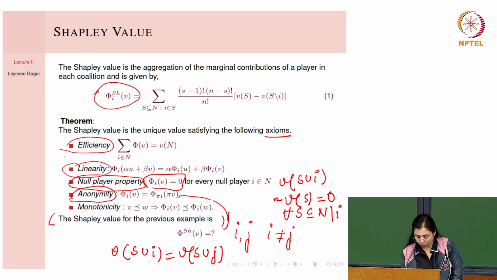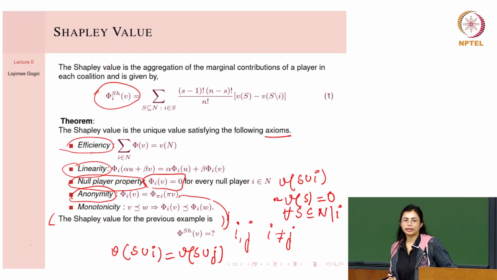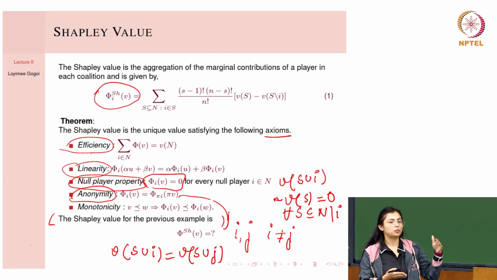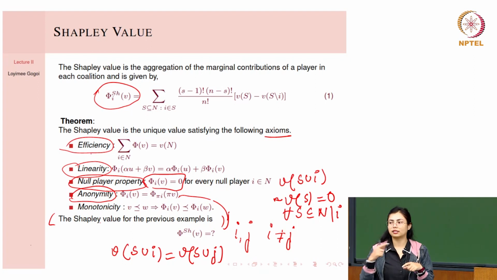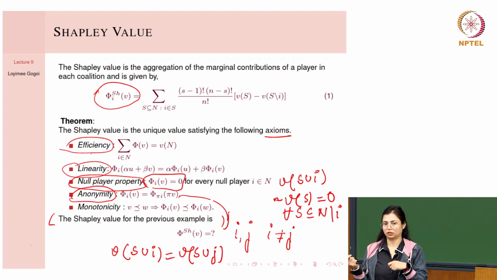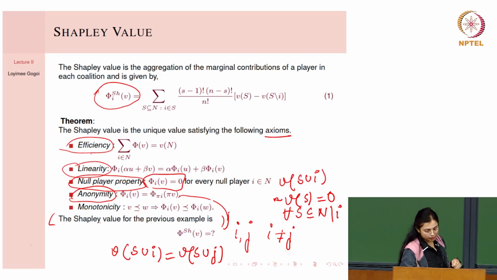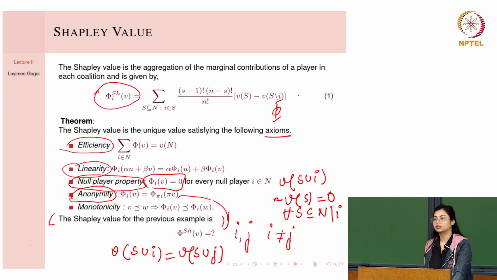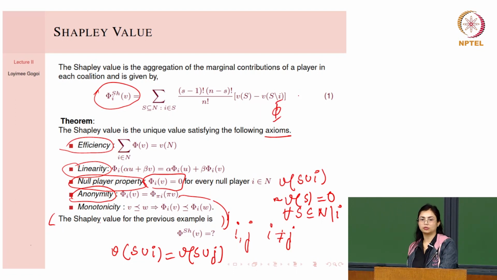Okay. So together with efficiency, linearity, null player, and anonymity, we have a characterization of the Shapley value. If an allocation rule satisfies all these four properties, then we can say this is the unique allocation rule.